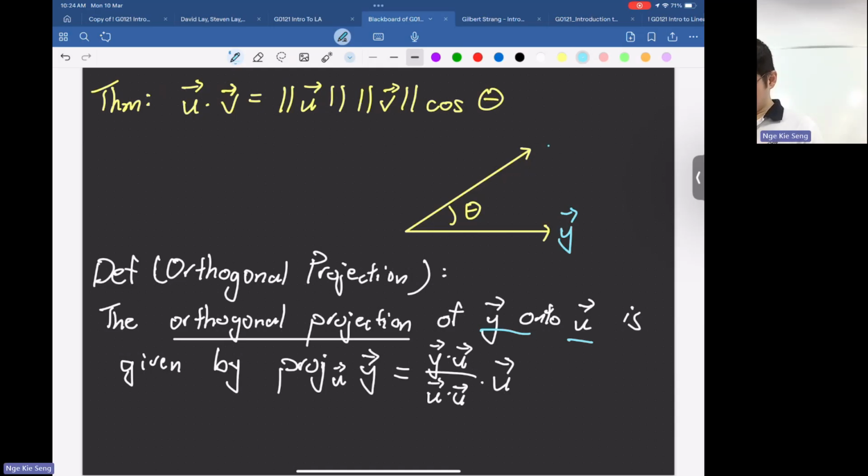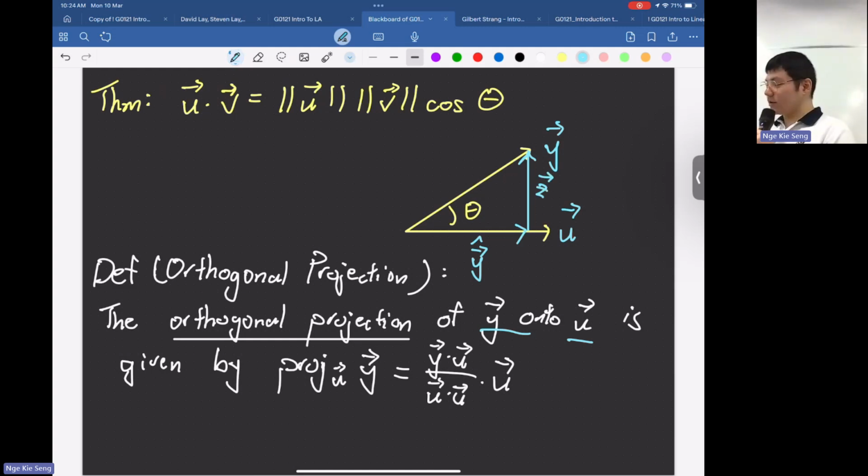So basically, what this does is we split y into two components. We call them a horizontal component and a vertical component. Let's call the horizontal part y hat, and the vertical part we call z.